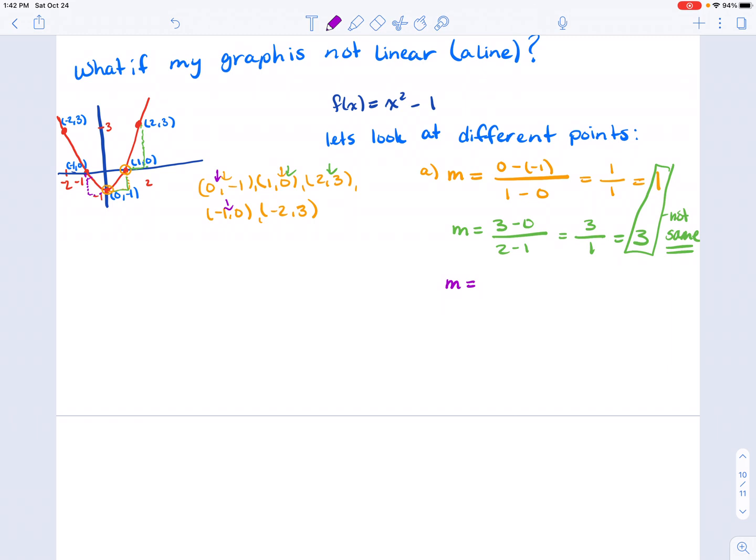Again, I have 0 minus minus 1 on top, and then minus 1 minus 0 on the bottom. Well, that equals 1 on the top and minus 1 on the bottom, that equals negative 1. Well, hold up. That is opposite to this one. It's a negative slope of what we had in the orange.